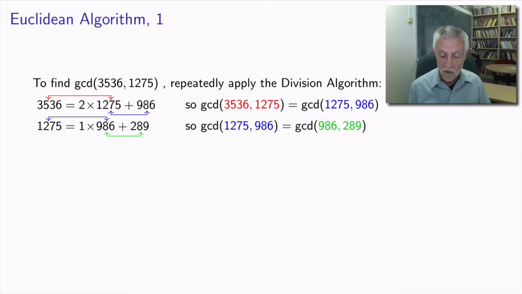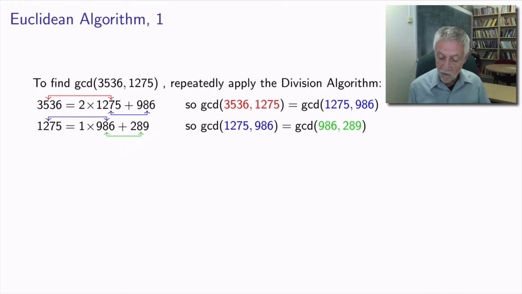Now we're looking at the greatest common divisor of 1275 and 986, same as here. Once again, we use 1275 as the dividend and 986 as the divisor, and this is the equation we get from the division algorithm. 986 goes into 1275 once, and the remainder is 289.